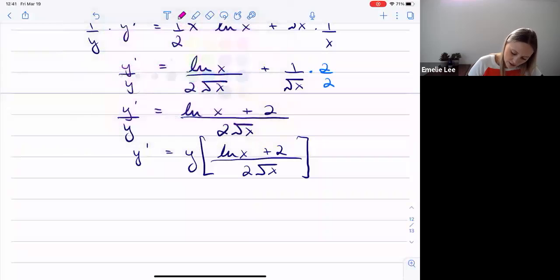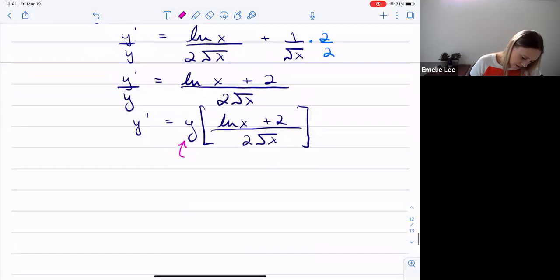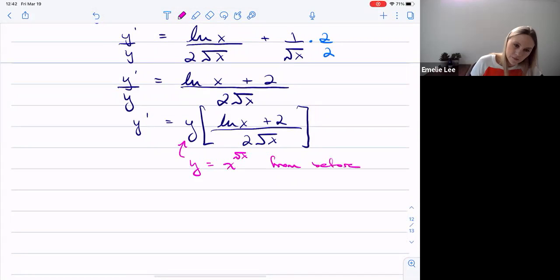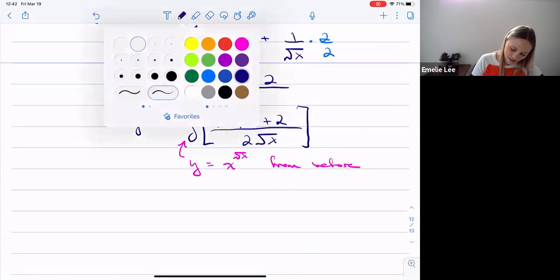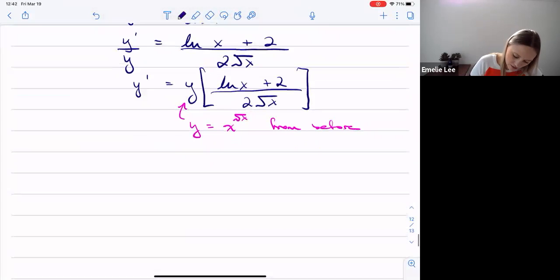But we know that y is x to the root of x from before. This time it's a nice, easy equation to write, so I'm just going to write it out there. Before it was so big.